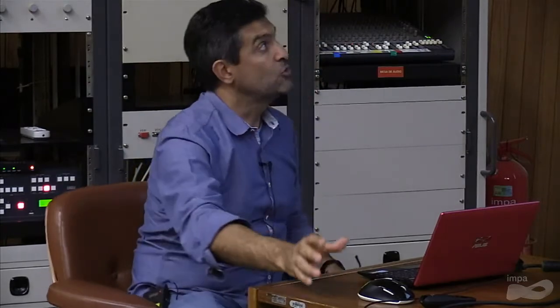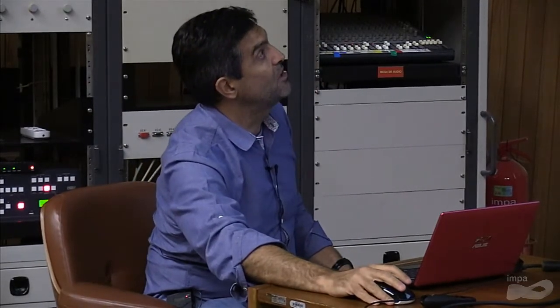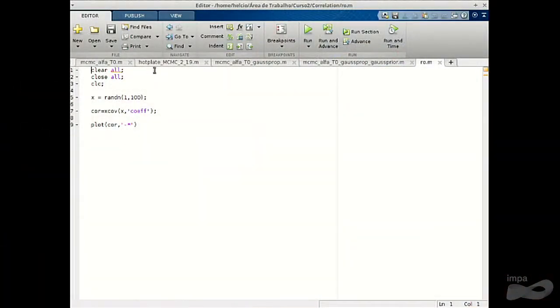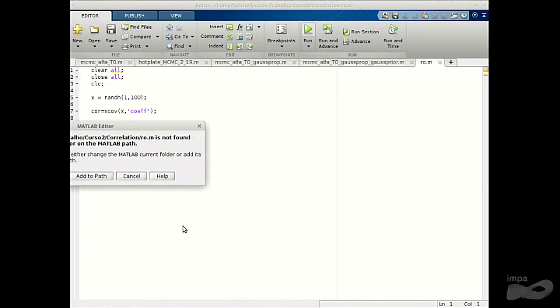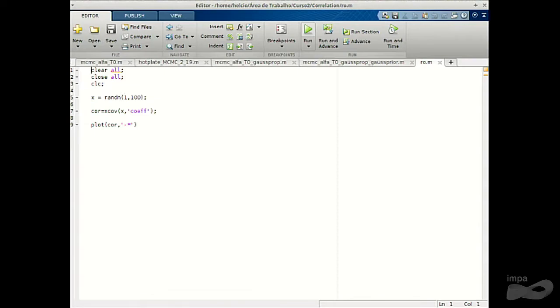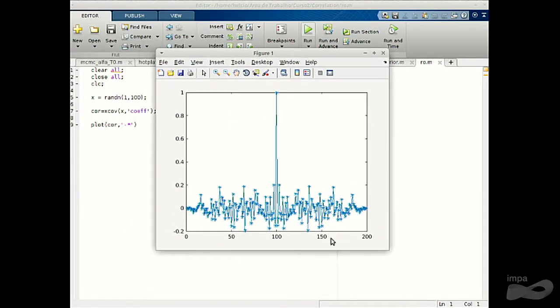This is the function from Matlab that computes the normalized autocovariance function rho, and you see that's the result that we get. See, this is 1, and then it drops to 0, and it stays oscillating because this is only noise.